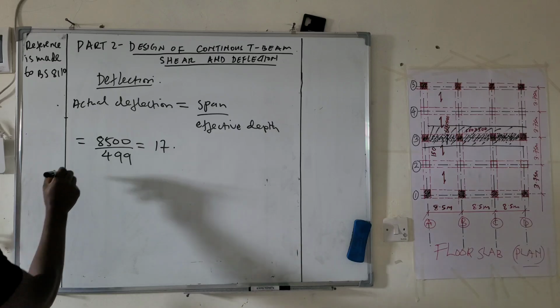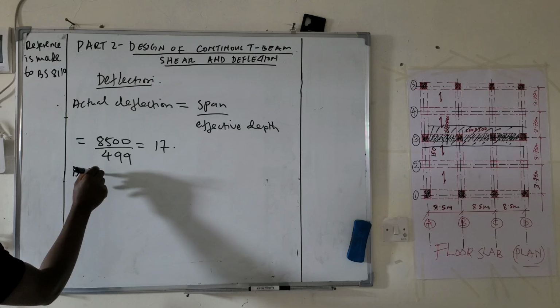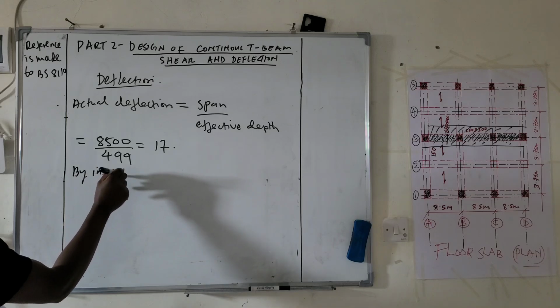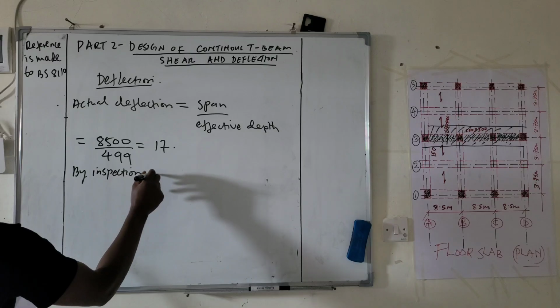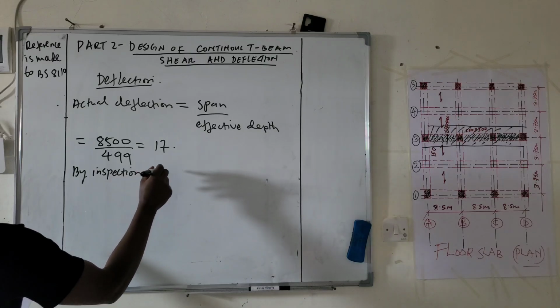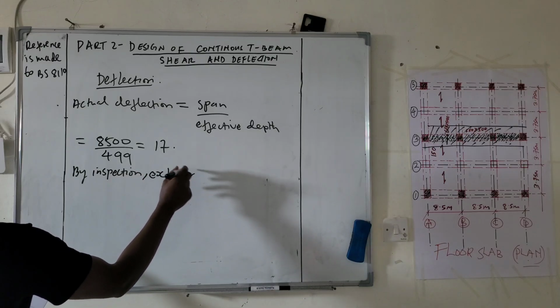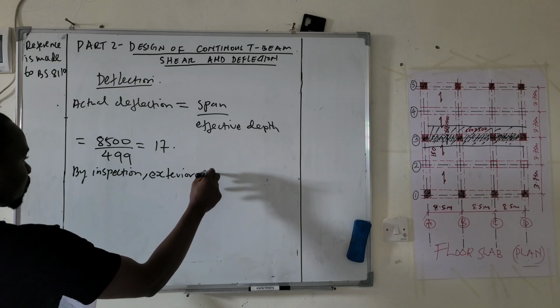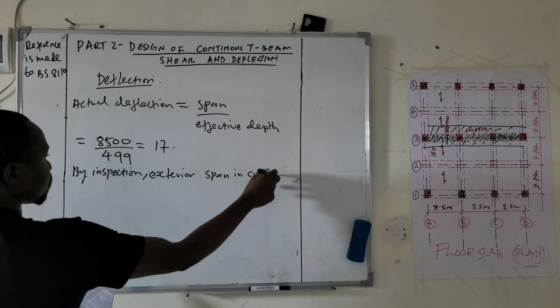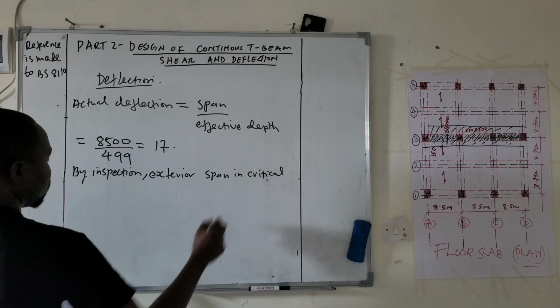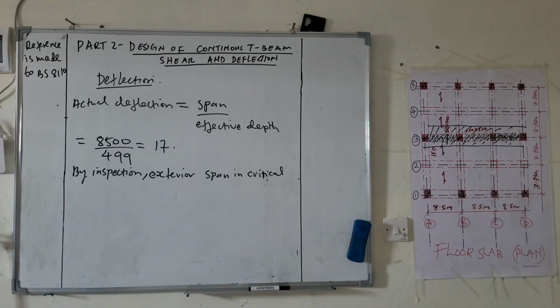So by inspection, the exterior span is critical when it comes to deflection. It's more important to consider when it comes to deflection.